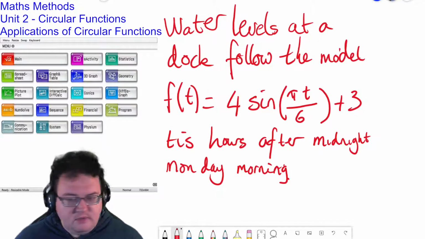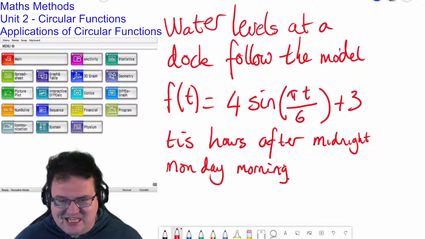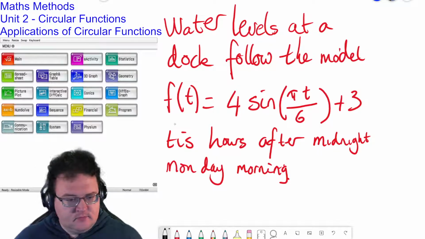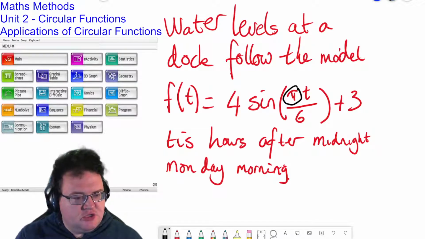Yeah, T. Well, T, a pronumeral is a pronumeral is a pronumeral. What's next to the T that you don't normally see inside a circular function? Yeah. So that pi is going to do something to help us out.